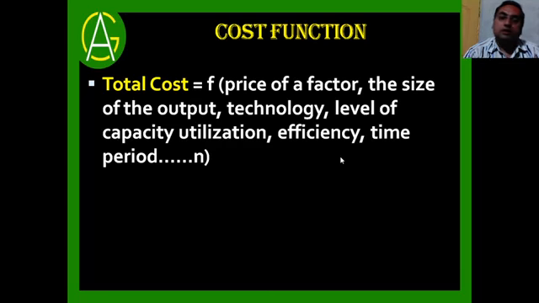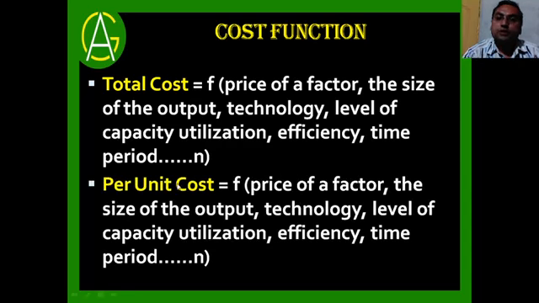Now if we calculate unit cost or per unit cost, here per unit cost is the dependent variable, there is a functional relationship, and all these are independent factors. If there is a change in the price of factor, it will bring a change in per unit cost. If there is a change in the size of output, it is going to create a change in per unit cost.